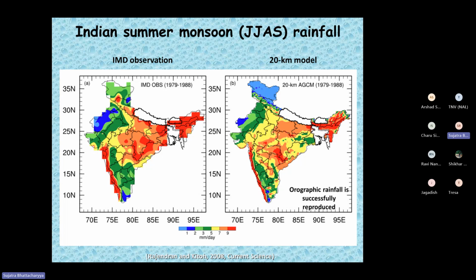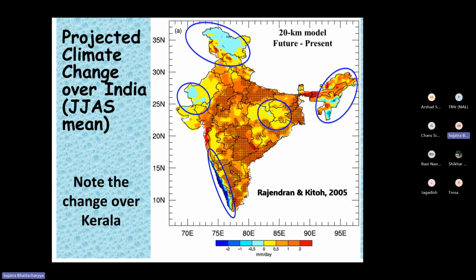But the more impressive part is the impact of climate change. This is the first GCM ever to show that rainfall will decline over Kerala. The rest of India is going to increase.